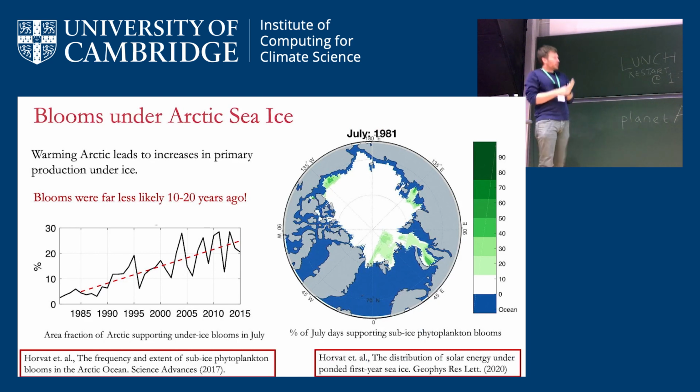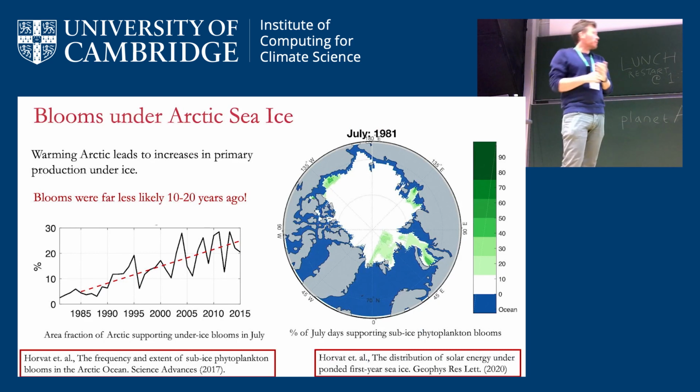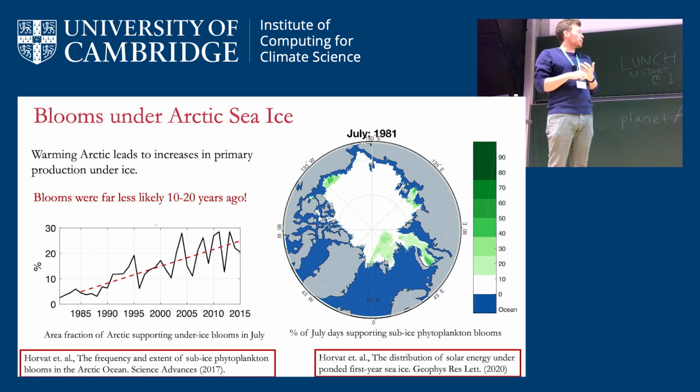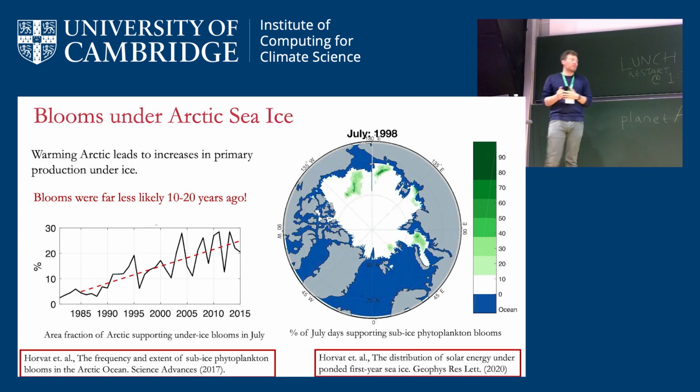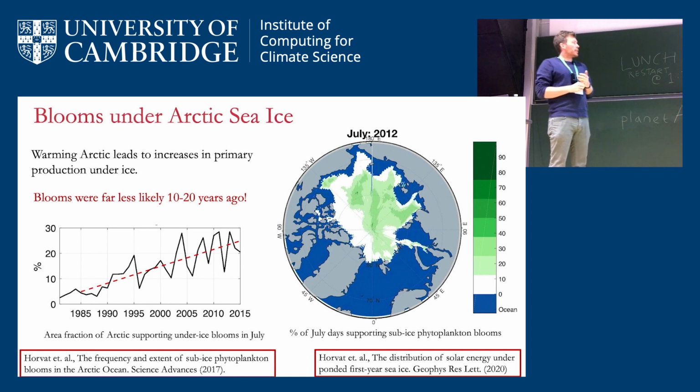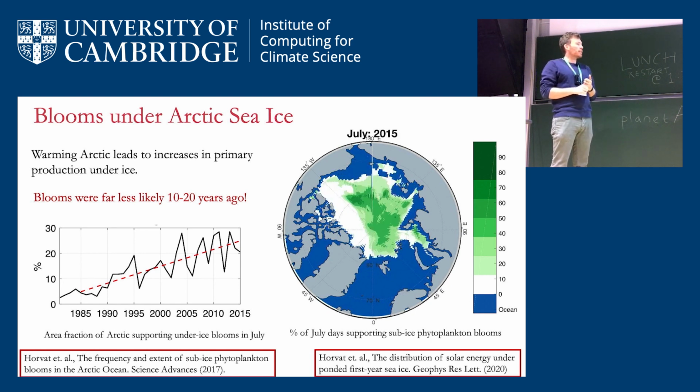And so interpreting this story, we've written a number of different papers on how this is an emergent phenomenon in the Arctic. So over the past 30 years or so, driven entirely by anthropogenic global warming and changes to sea ice, there's a massive increase in the preponderance of these blooms in the summertime Arctic. They weren't happening 30 years ago, and they're happening now.